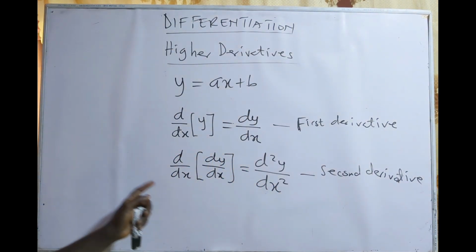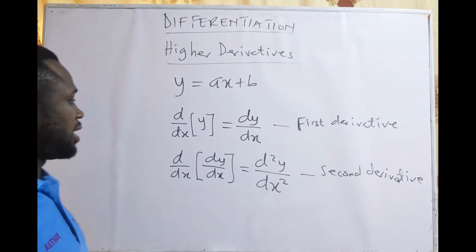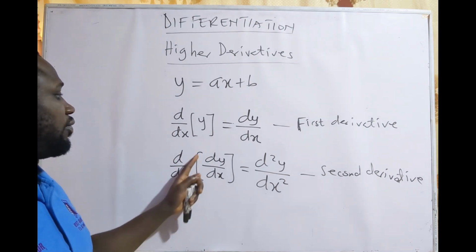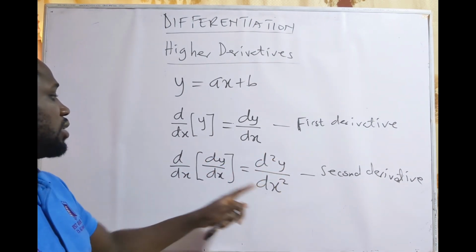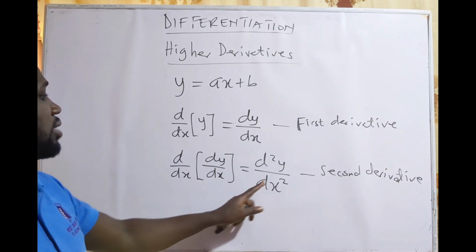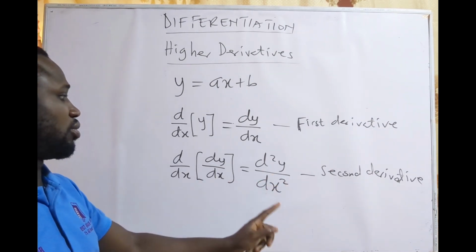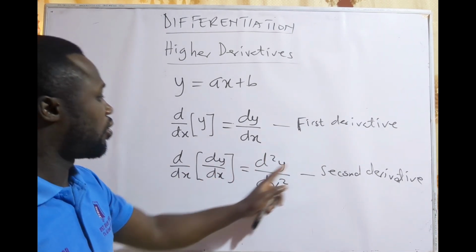Now if I have a function, I differentiate and I further differentiate, that is the second derivative. So d/dx of dy/dx is d squared y over dx squared. Please don't write d squared x squared. No, it is dx squared, but the top is d squared y.